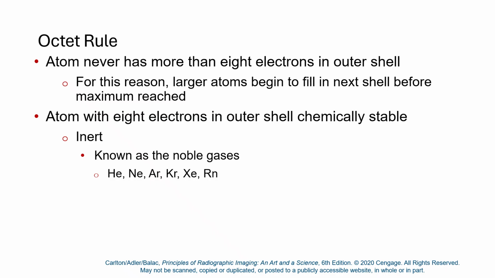Those are known collectively as the noble gases. Nobility doesn't mingle with the rabble, and so these do not mingle and circulate with the other elements: helium, neon, argon, krypton, xenon, and radon. Those are all noble gases.